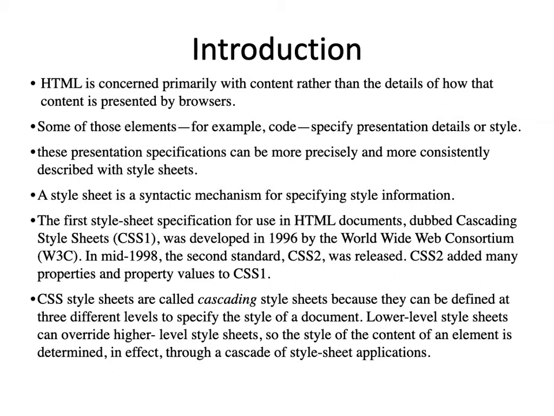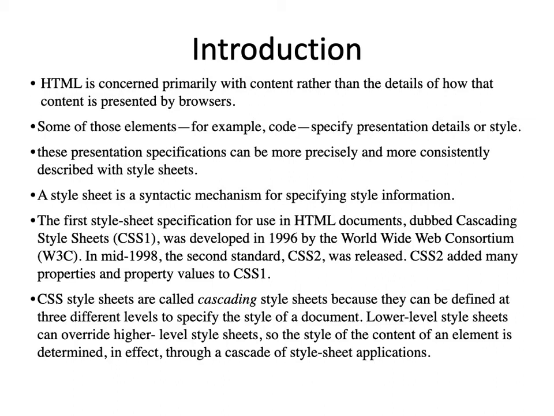The history of CSS. The first style sheet specification for use in HTML documents, dubbed Cascading Style Sheets version 1 or CSS1, was developed in 1996 by the W3C consortium, and in mid 1998 the second standard, version 2 or CSS2, was released. CSS2 added many properties and property values to CSS1.